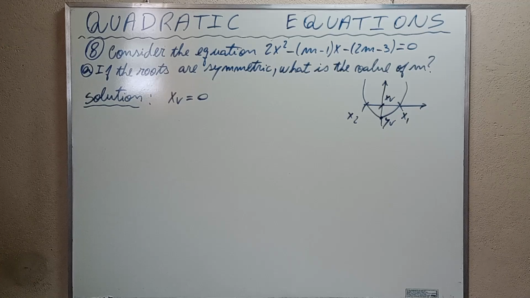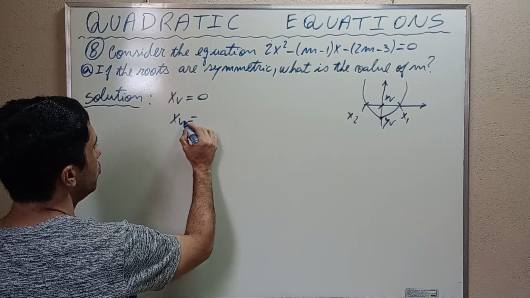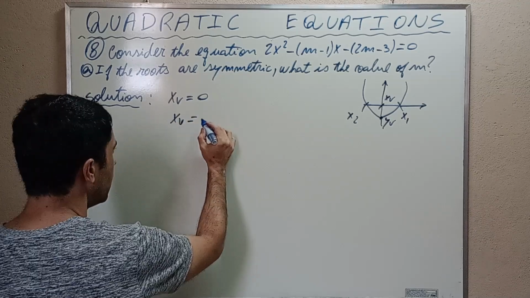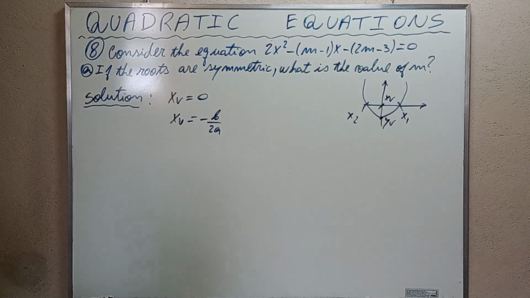The roots are symmetric when xv is equal to 0, in which xv is the x-coordinate of the vertex of the parabola. Alright? And we know that xv is equal to negative b over 2 times a. Okay? We can find xv in this way.